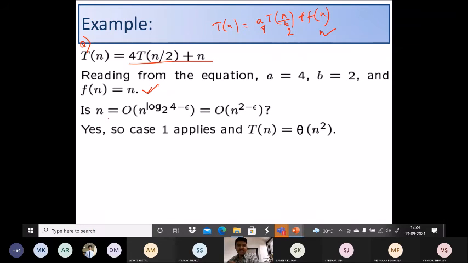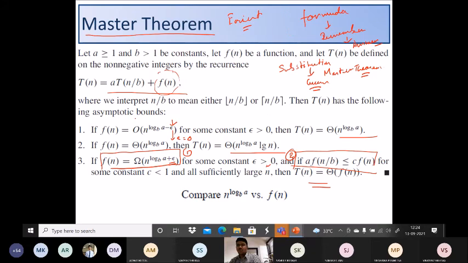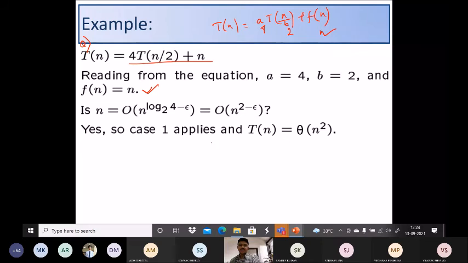Now what is written here? Check your f(n) against order of n to the power log a base b minus epsilon.